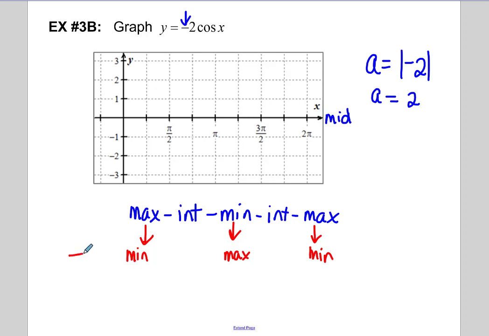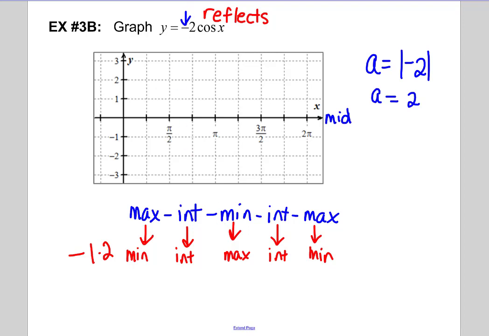The intercepts don't change because the opposite of 0 is still 0, right? But the negative reflects the graph. And if you graph by the key points, then the max becomes the min, and the min becomes the max.